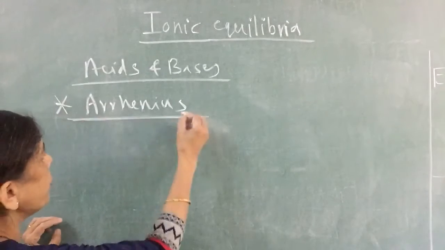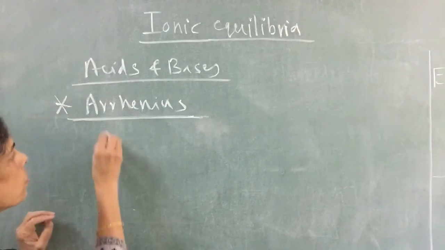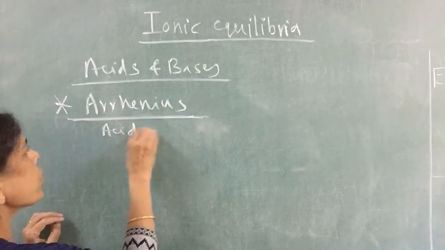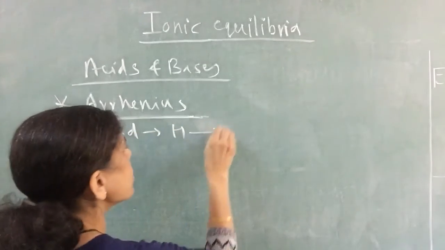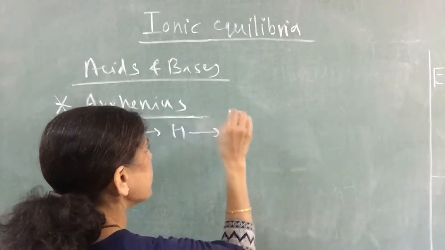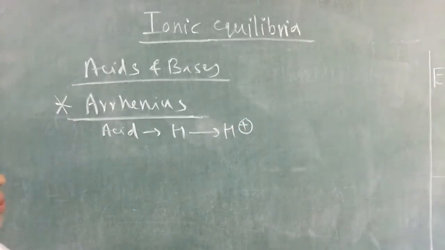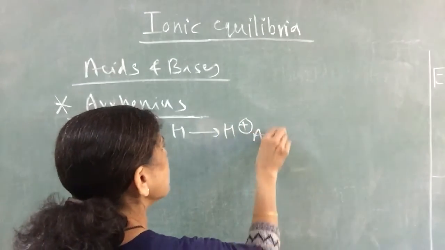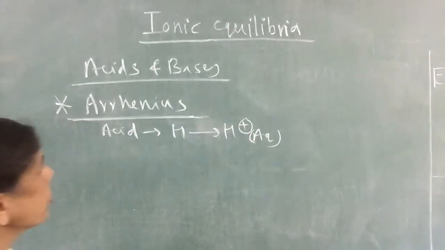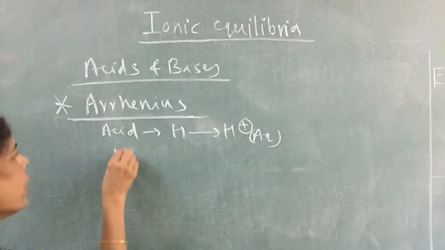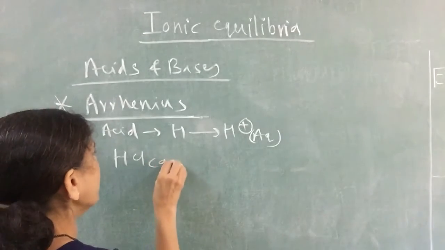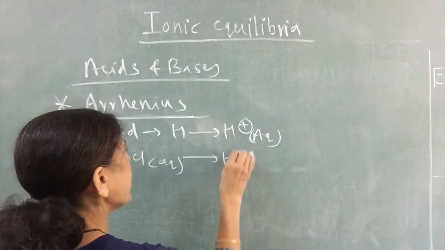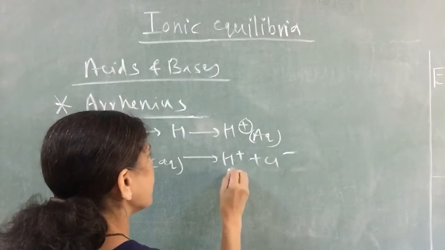What is acid? Acid is a substance which contains hydrogen, okay, and which will produce H+ ions in aqueous solution. Okay, for example, HCl is acid because in aqueous solution it forms H+ ions.